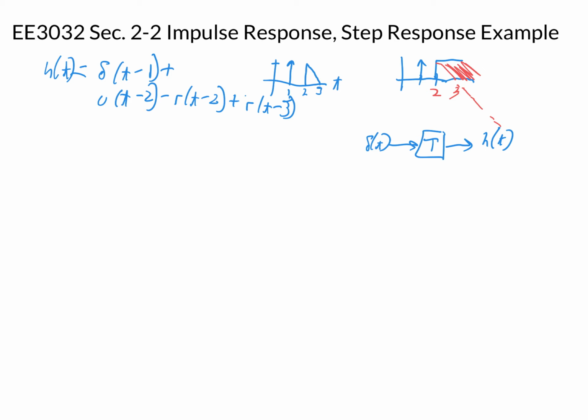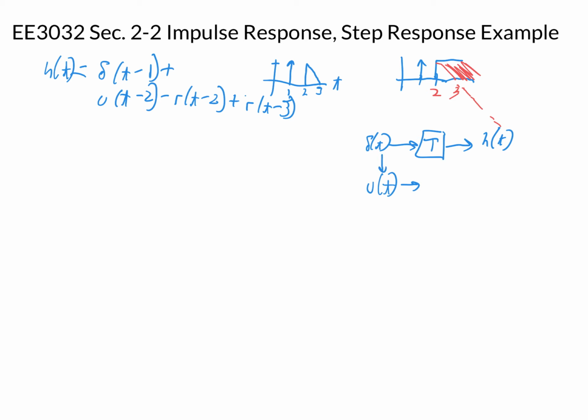Now, this is a linear time invariant system. It must be, or it doesn't make sense to speak about the one impulse response of the system. And integration and differentiation are both linear operations. So if I integrate the input to the system, then the input would be a step.